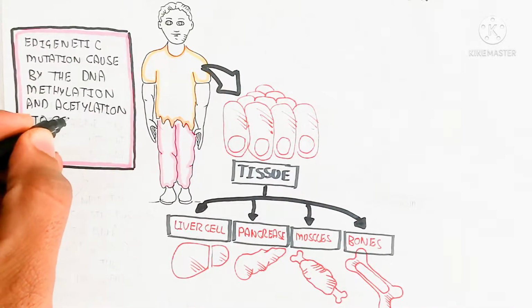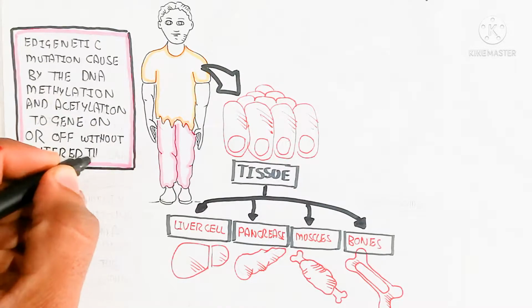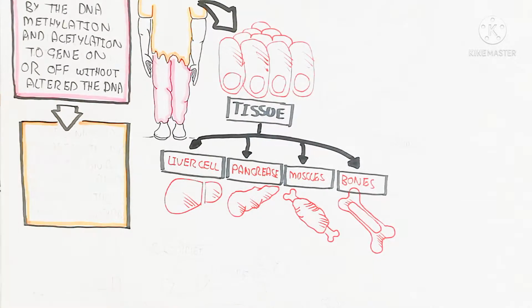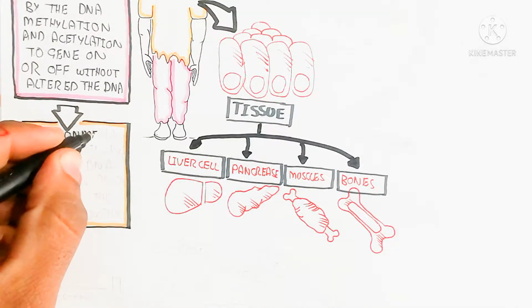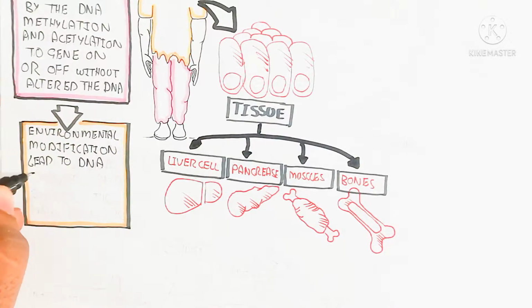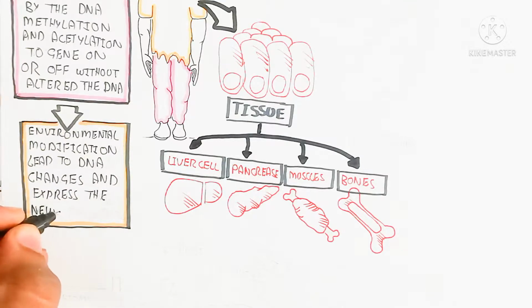So here the epigenetic modification is caused by DNA methylation and acetylation, turning genes on or off without altering the DNA. Environmental modification leads to changes and expresses new phenotypes. In this way, methylation and acetylation occur within the life of the individual.